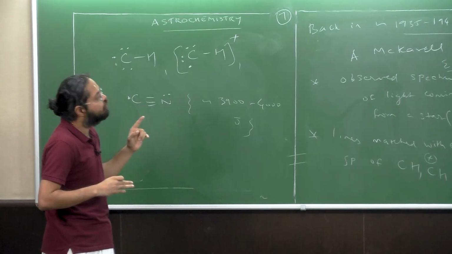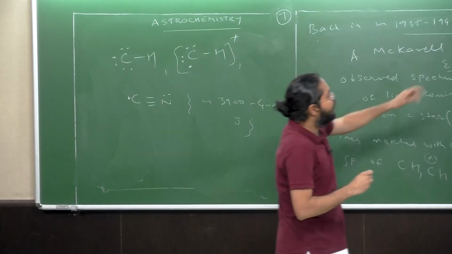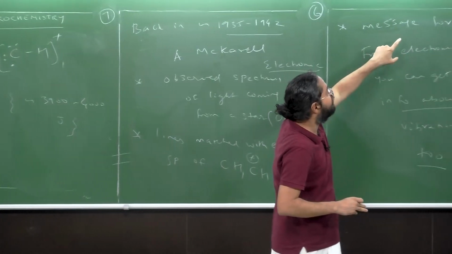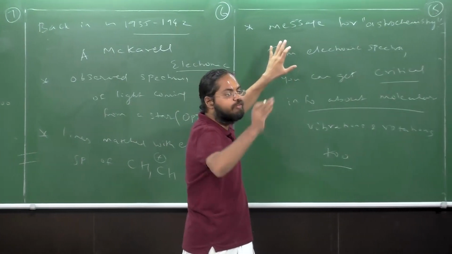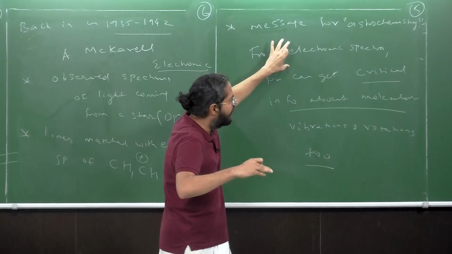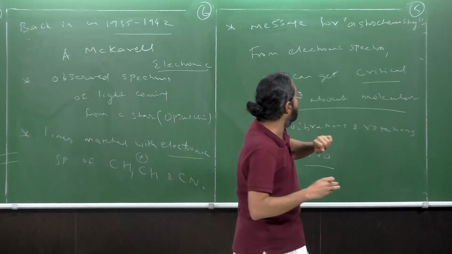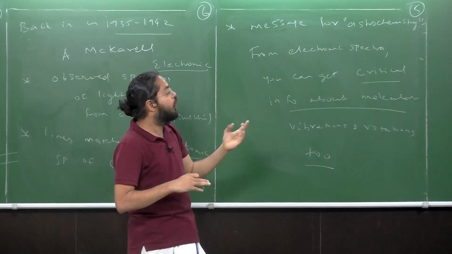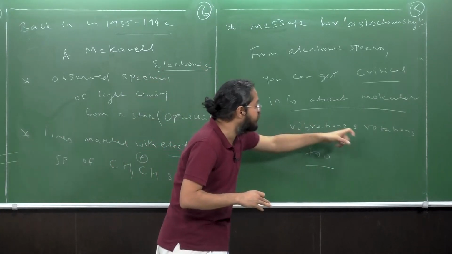There is one more interesting aspect. Going back to page 5, what did I tell you? The relevance for astrochemistry from electronic spectra is that you not only get information about the electronic states involved, you also get critical information about vibrational and rotational states.